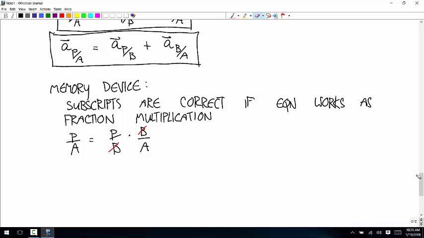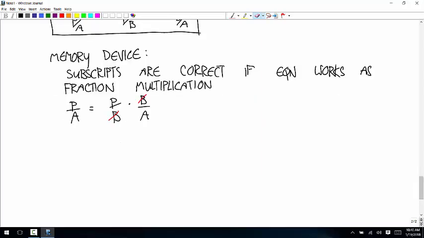Okay, so relative motion. One thing to notice here: what are the two requirements for a coordinate system to be inertial?